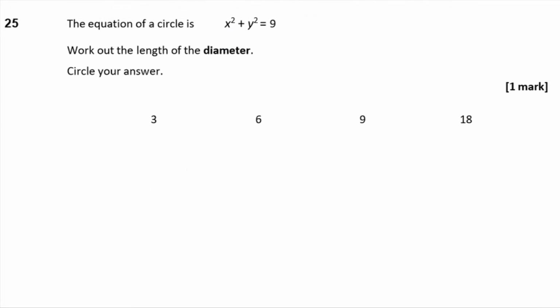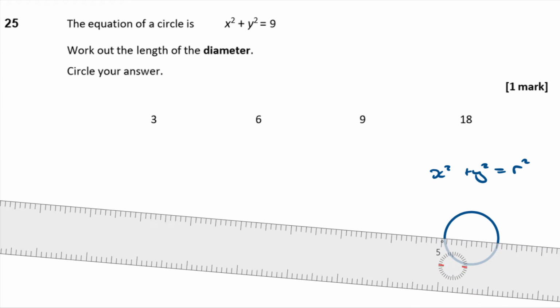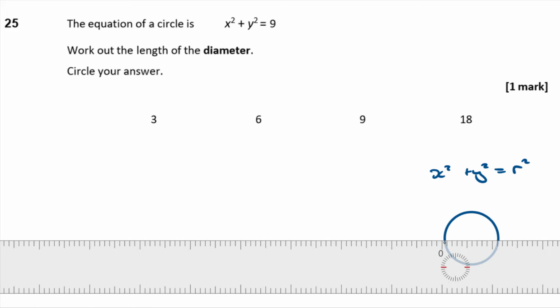Question 25, the equation of the circle is x squared plus y squared equals 9. Work out the length of the diameter. Circle your answer. Okay, well this type of equation where you've got x squared plus y squared equals some number squared, that is the equation of a circle, and more in particular it's a circle centered on the origin.